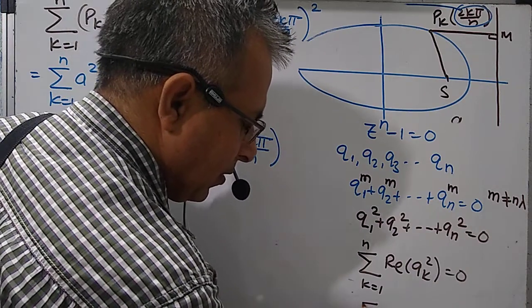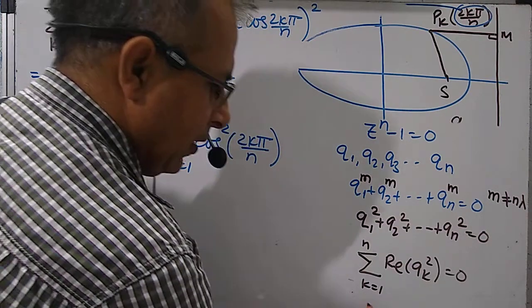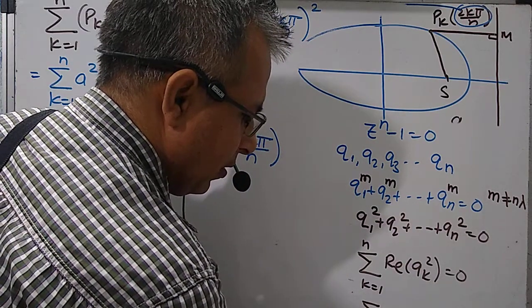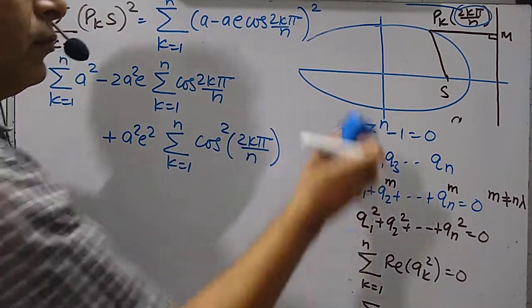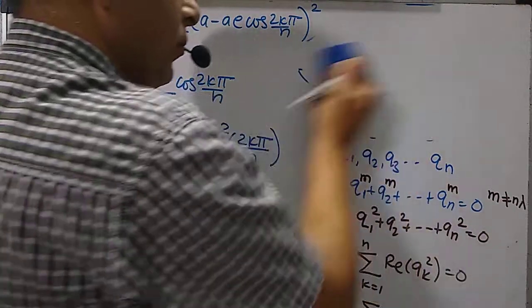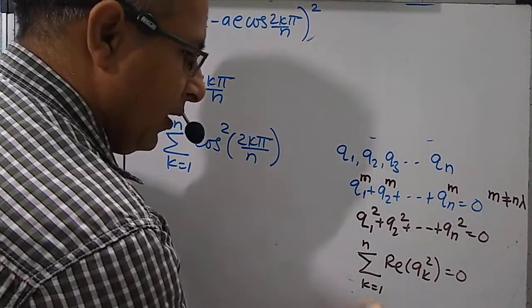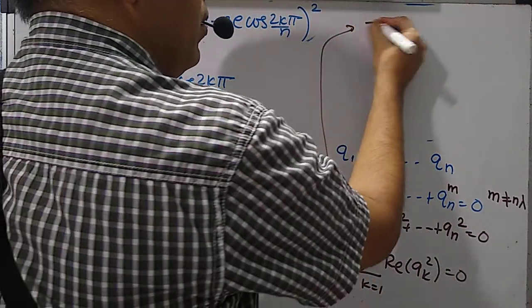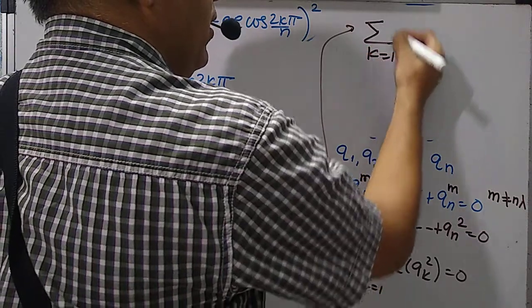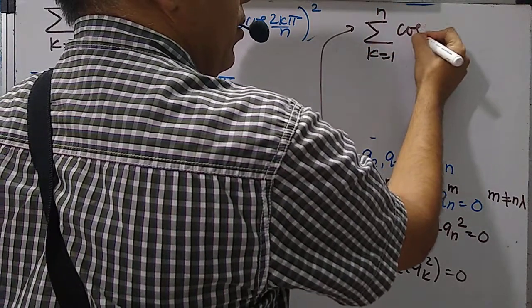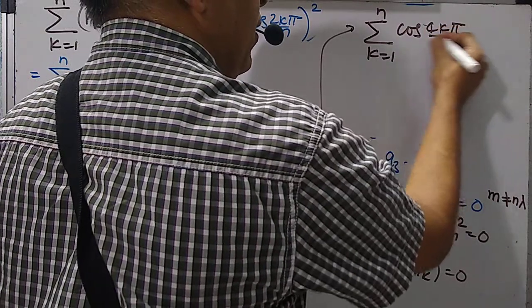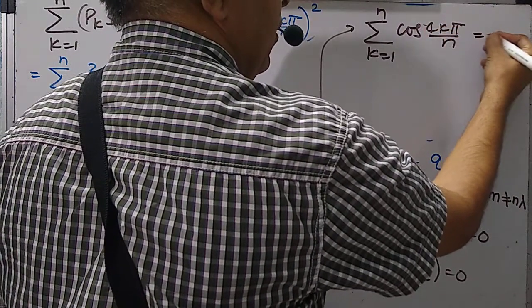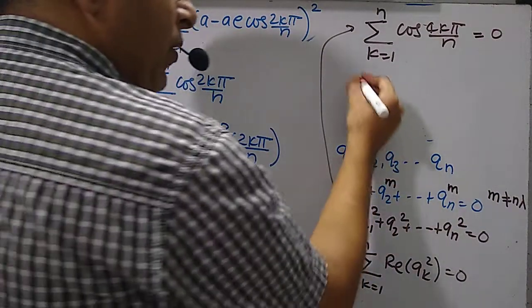So now it becomes, this quantity is sigma k equal to 1 to n. So here we get sigma k equal to 1 to n cos 4k pi upon n equal to 0. Why?